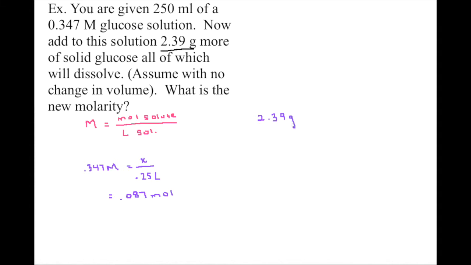In order to determine moles, I have to write the formula for glucose, which is C6H12O6. Since I'm converting into moles, I need to put the molar mass of glucose on the bottom, which is 180.156 grams, and I'm going to put the 1 mole on top.